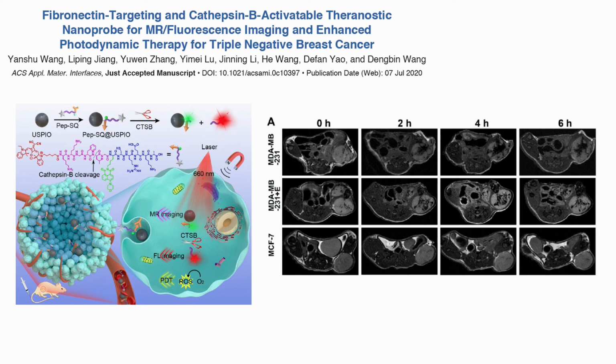And so you can see that the high fibronectin triple negative breast cancer has a significant T2 change, as shown by this loss of signal in the tumor.